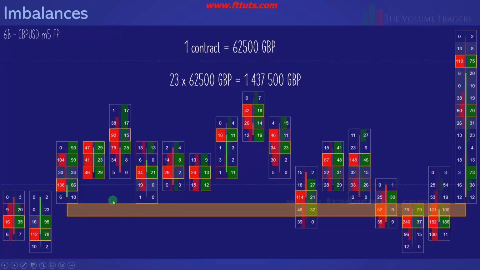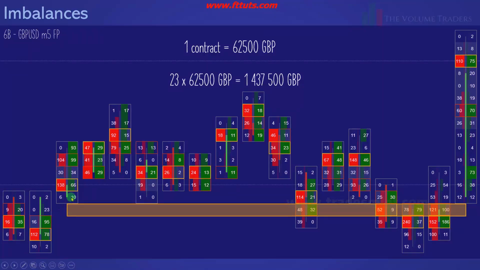So price can go up, trying to fill that imbalance to check if more buyers, like delayed buyers or late buyers, want to join in this same interesting price level where 1.5 million in this case of buy pressure appeared.